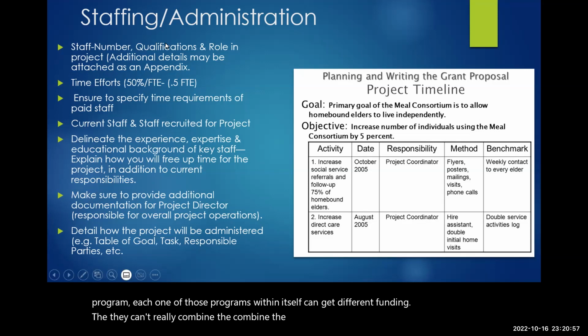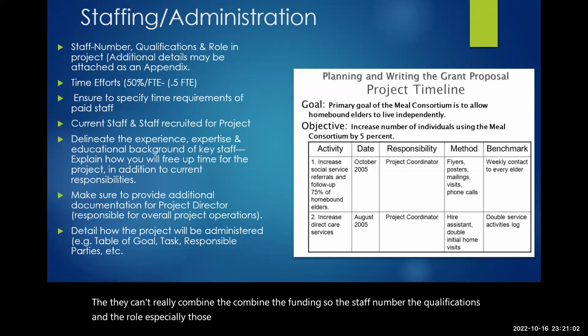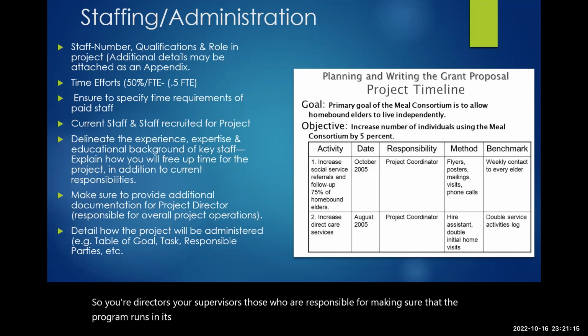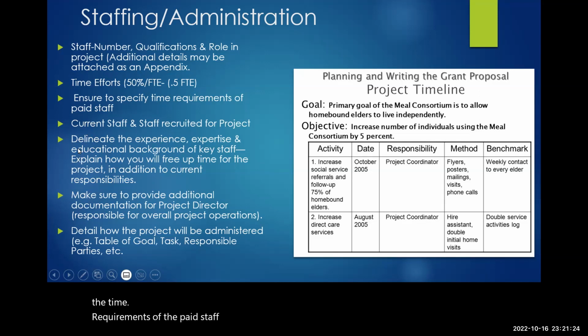So the staff number, the qualifications, and the roles, especially those who will administer and are in charge of managing the program, like your directors and supervisors, those responsible for making sure that the program, or the project, runs with fidelity. Include the time efforts to ensure the time requirements of the paid staff and current staff, and delineate the experience, expertise, and educational background of the key staff.